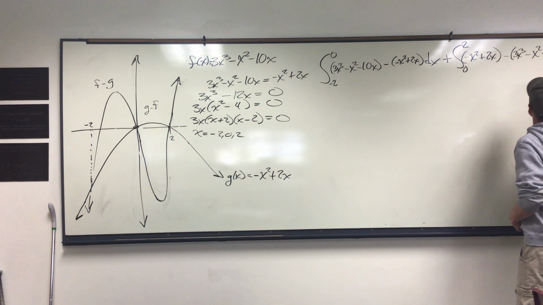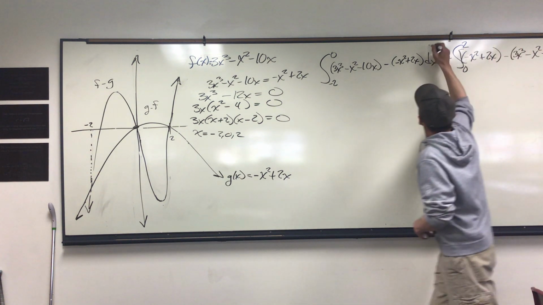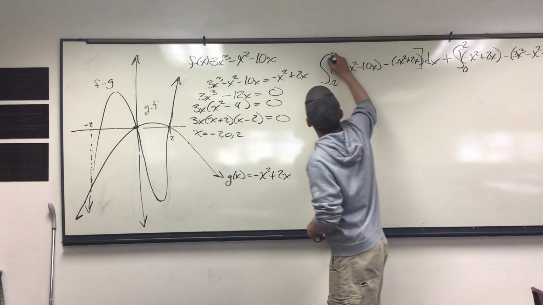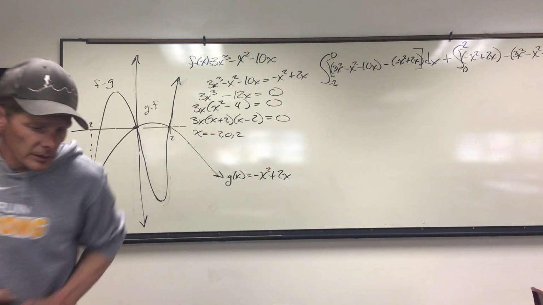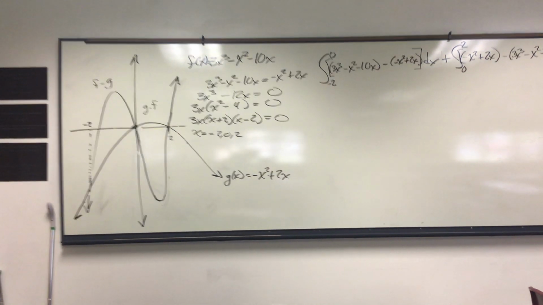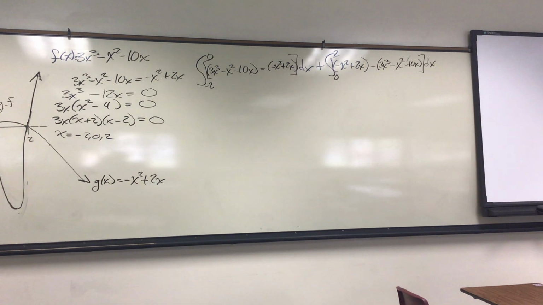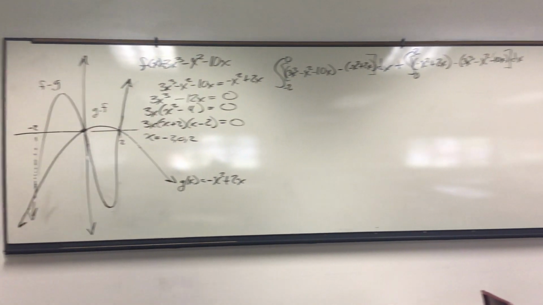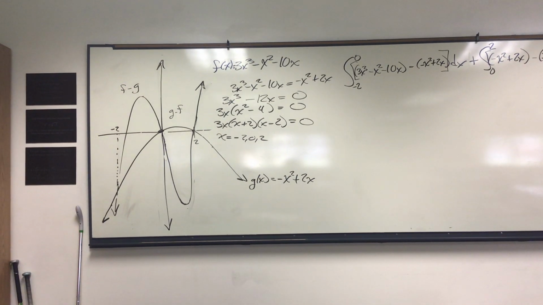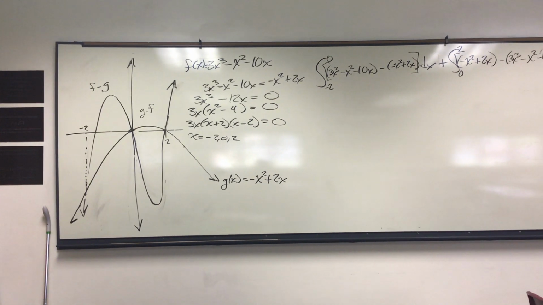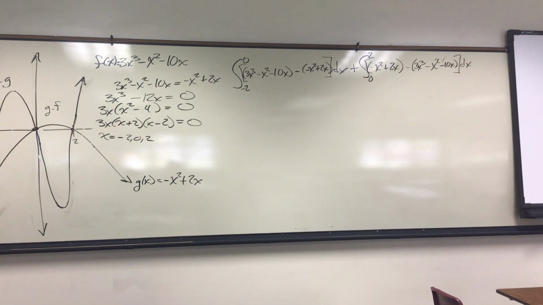I should really put these in square brackets so that nobody gets confused when they look at my work. See, we have just flopped them. We have the integral of f minus g first, and then the integral of g minus f next.